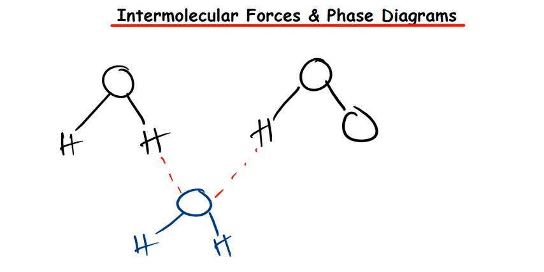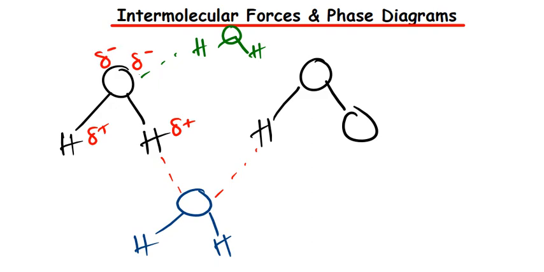And then the oxygen as well is attached to other hydrogens in other water molecules. The basic idea is in this case we know that hydrogen is going to be partially positive because water is polar.